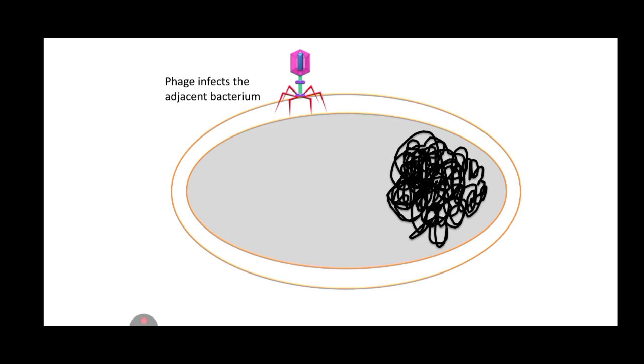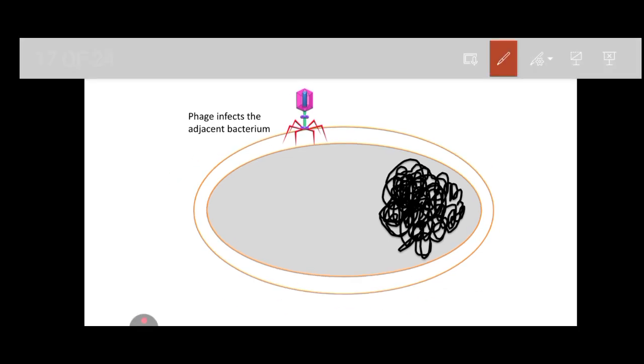But here you have to remember one important thing. Not all phages, but those phages which accidentally take up a fragment of nucleic acid in their head, start to infect the adjacent cell, and this is called a defective phage. This phage is now able to transfer genetic material from one bacterial population to another bacterial population, right?